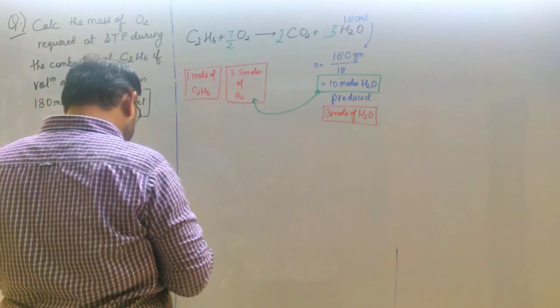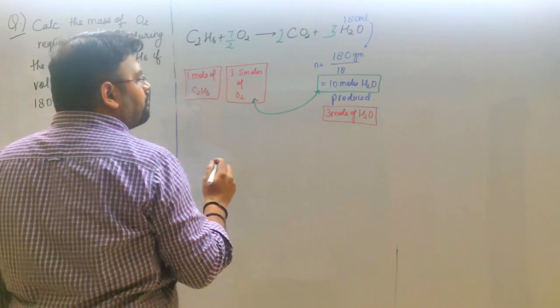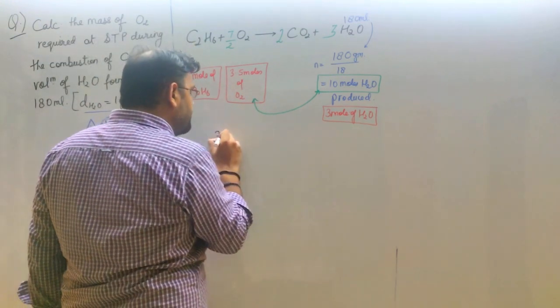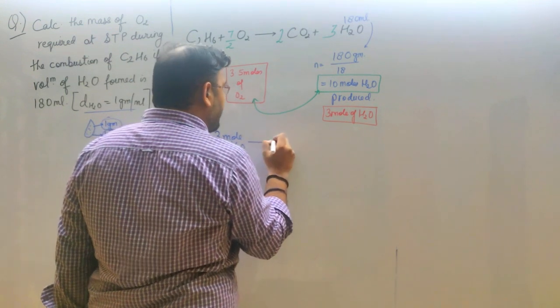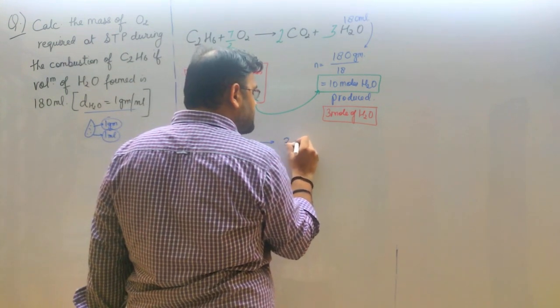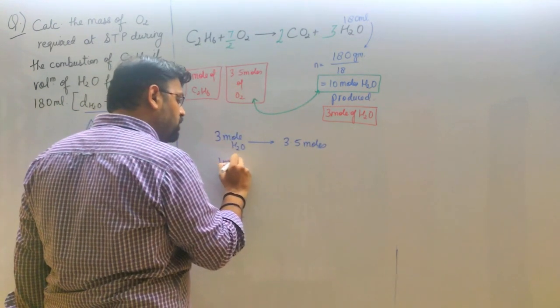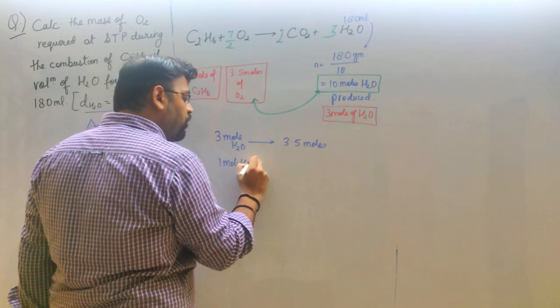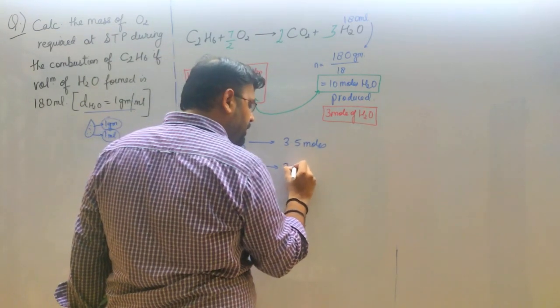Let us solve this. See, 3 moles of H2O are produced when oxygen requirement is 3.5 moles. So for 1 mole H2O, it will be 3.5 by 3.